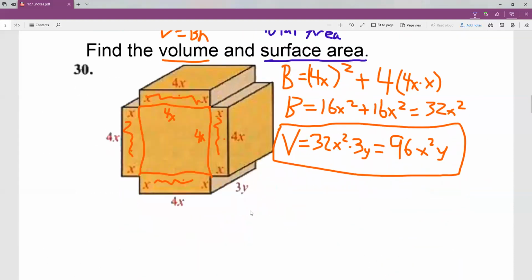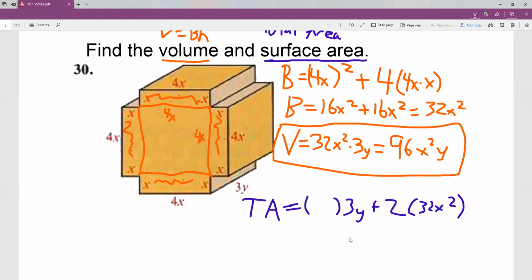So total area is equal to, we don't know the perimeter just yet, so we'll leave that blank, times the height, which is 3y, plus 2 times our base, 32x squared. Now, to find the perimeter, all I have to do is add up all these x's here.